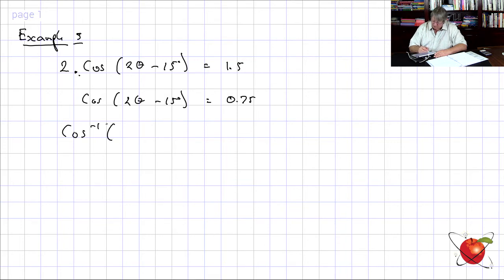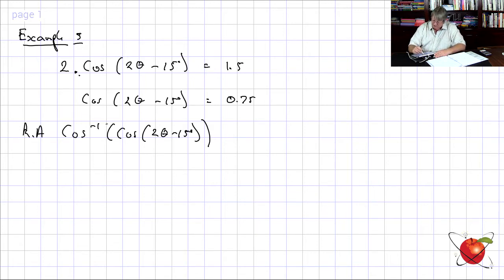What are we doing? We're doing arc cos of 2θ − 15°. We call this the reference angle, correct? So in effect, I am left with 2θ − 15 as the subject of my formula.